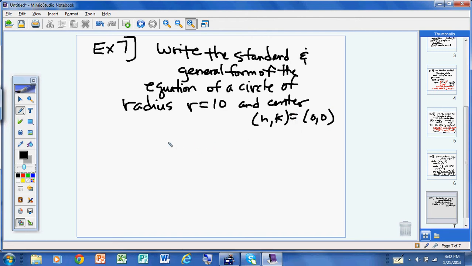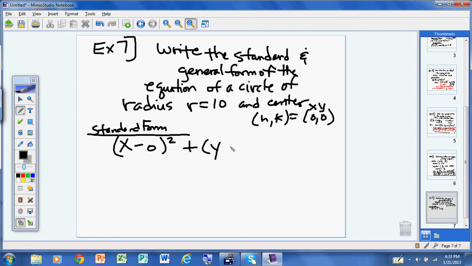Okay. Alright, so if this is x, this is y, and this is r, this is the standard form: x minus 0 squared plus y minus 0 squared equals 10 squared, which is 100.